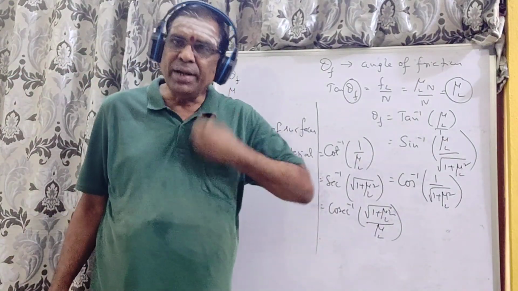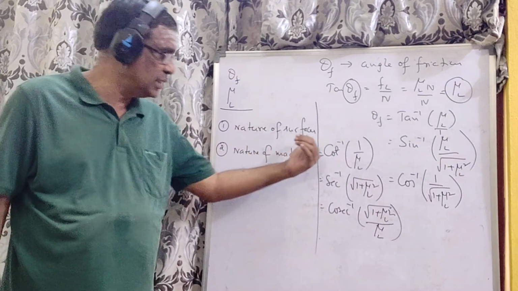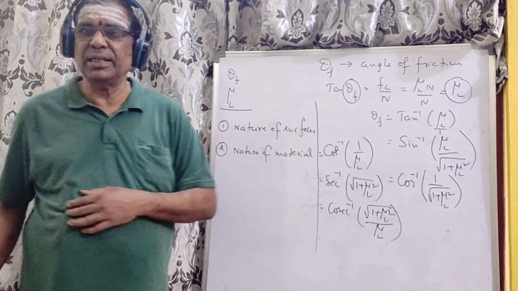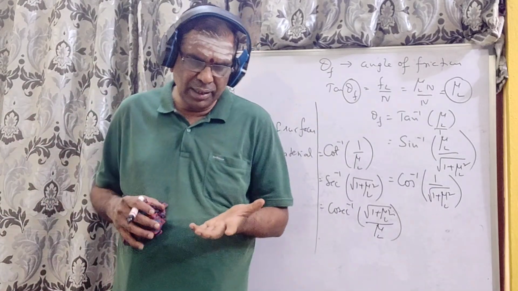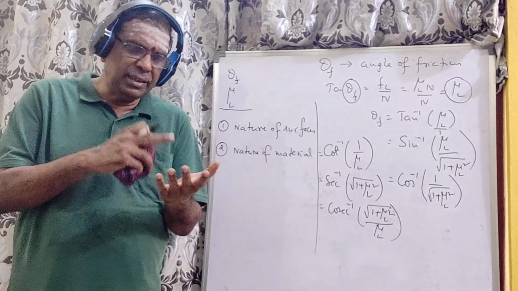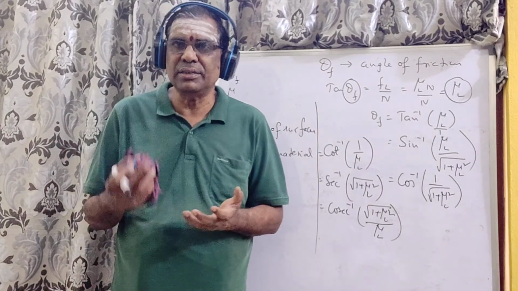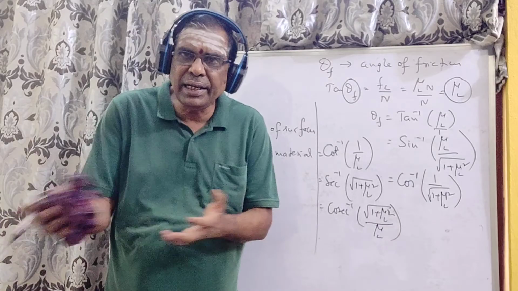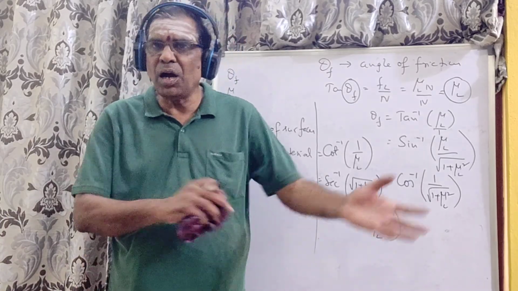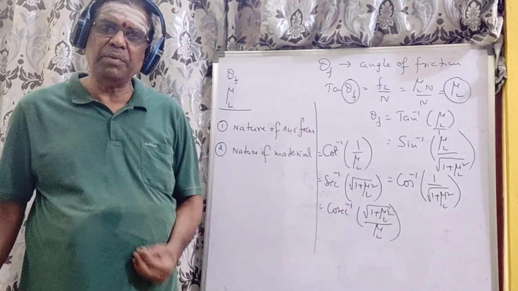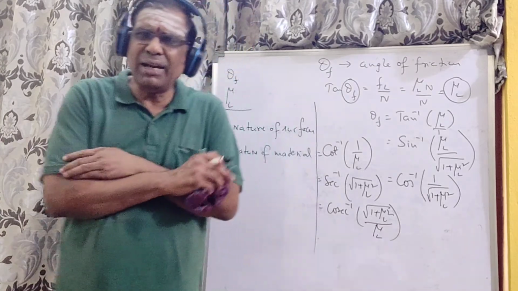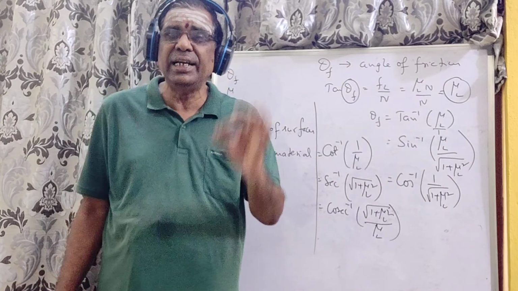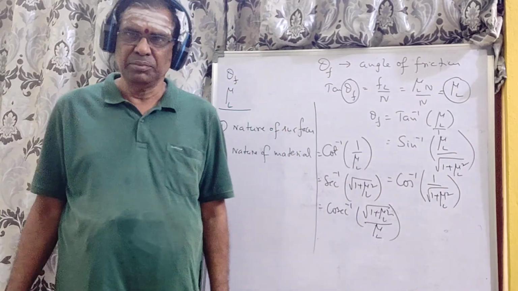Therefore, whenever we say nature of surfaces, nature of the material, for example, I have a concrete road and there is a tire that is made of rubber. So rubber and concrete, iron and concrete, copper and copper, copper and rubber, you can have any. In fact, all these things are experimentally determined.